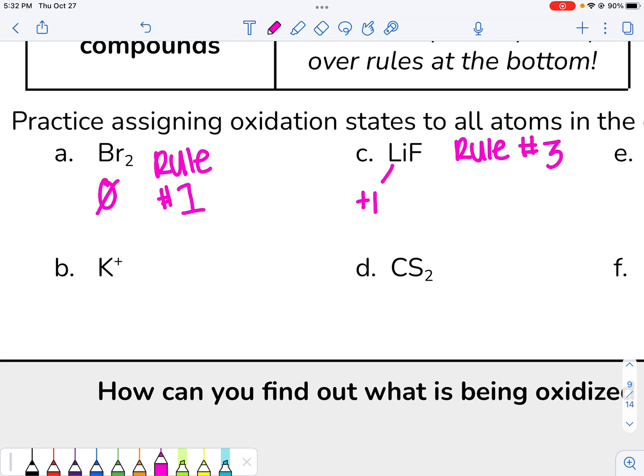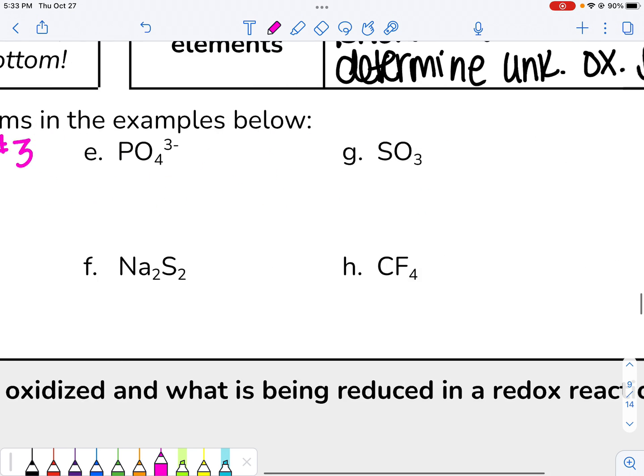So lithium will have a +1 charge. According to rule number 2, the sum of the oxidation states of all atoms in a neutral species must be 0. So if lithium has a +1 oxidation state, to balance it out, fluorine must have a -1 oxidation state. That way overall their oxidation states sum to 0.